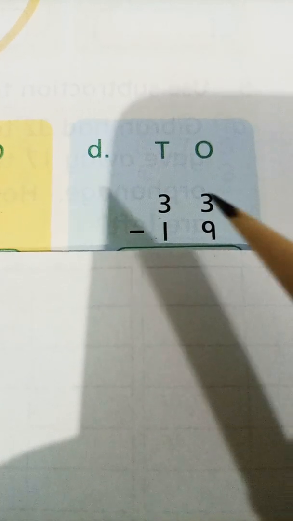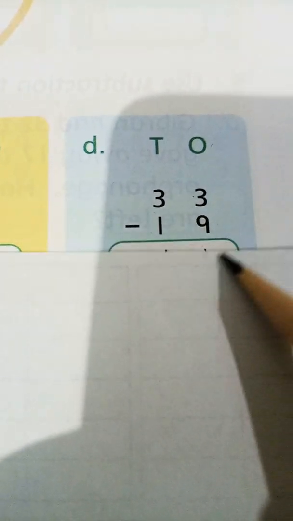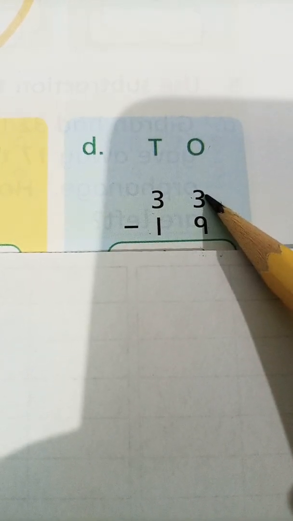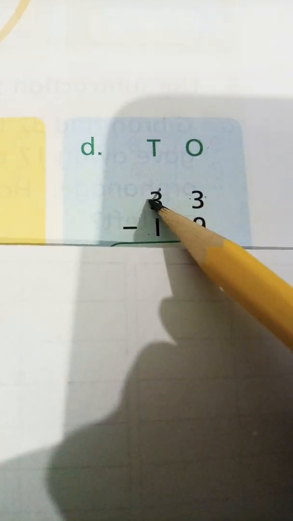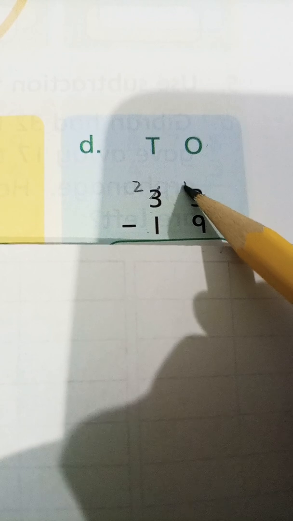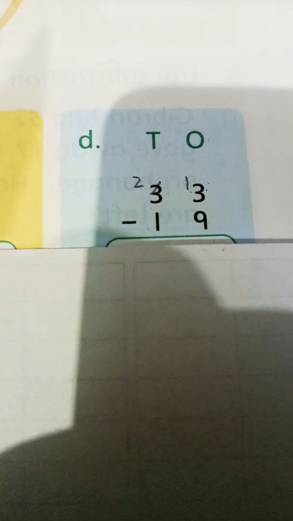Here is our part D. We will subtract the number 19 from 33. Let's start from the ones column. When we subtract 9 from the 3, it can't happen so we will take one carry from the 3. Here we are left with the number 2 and here we get the number 13. When we subtracted 9 from the 13, we get our answer, that is 4.